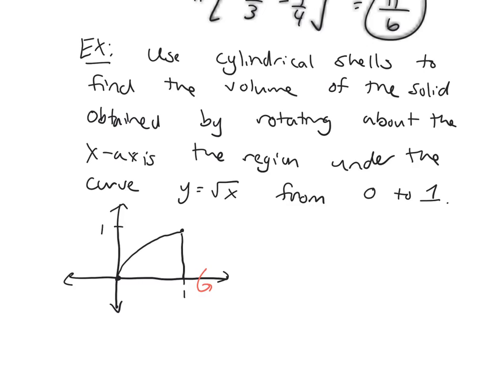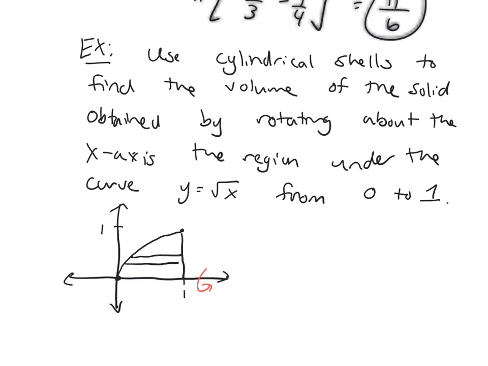Now, we're using cylindrical shells. So let's take our strips. They need to be parallel to our rotation line. So should my strips be horizontal or vertical? I want it parallel to this line here. Horizontal. Okay.